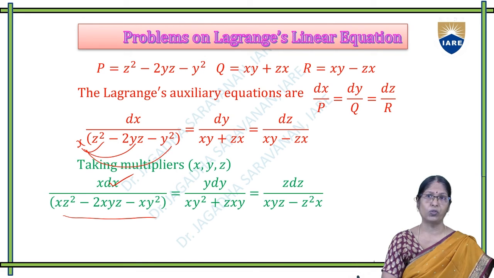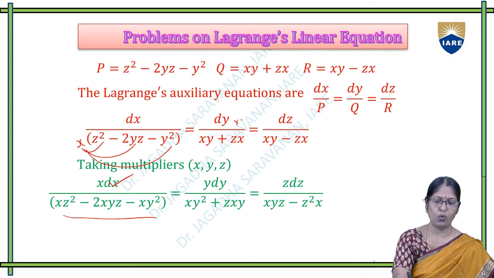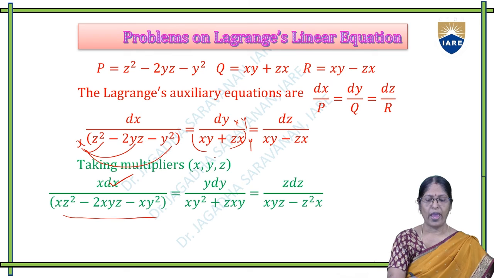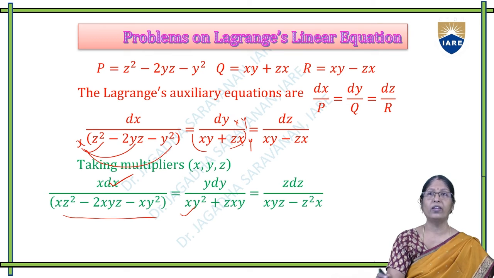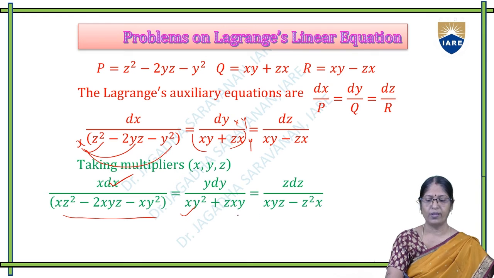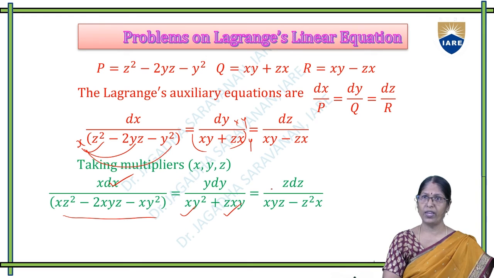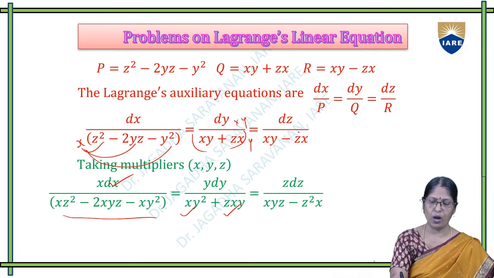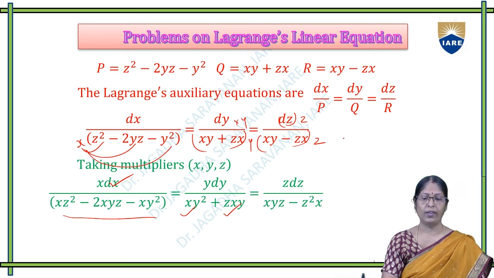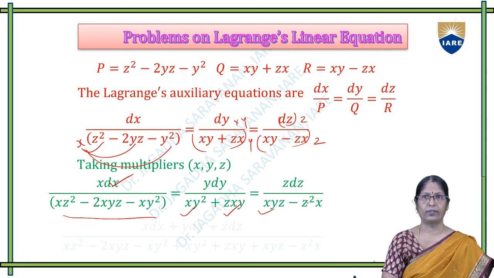The second one is y, so up and down we multiplied by y. The y we are taking inside: x into xy into y, xy square; zx into y, zxy. Now this z here: z dz by xyz minus z square x.